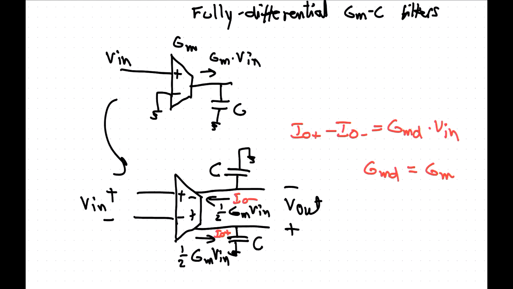If you define it single-endedly for each of them, then you've got half the transconductance. The other thing you can do, of course, is keep the single-ended transconductances the same but make the capacitors bigger, so you get the same transfer function as well. So there are a few different ways you can do that.